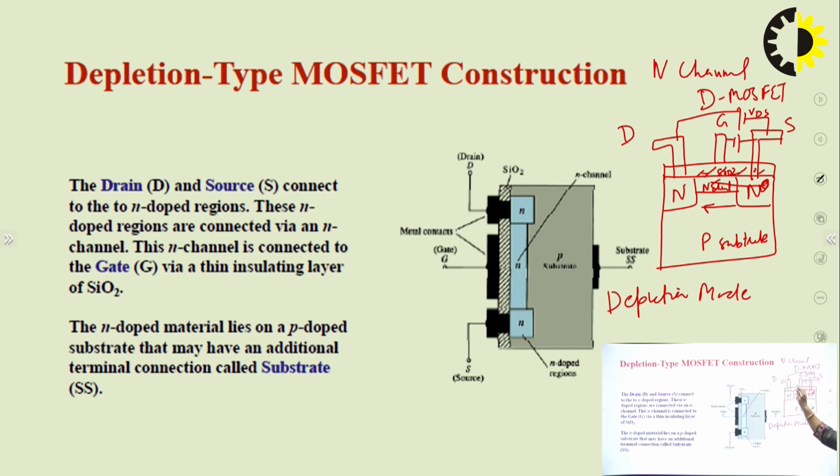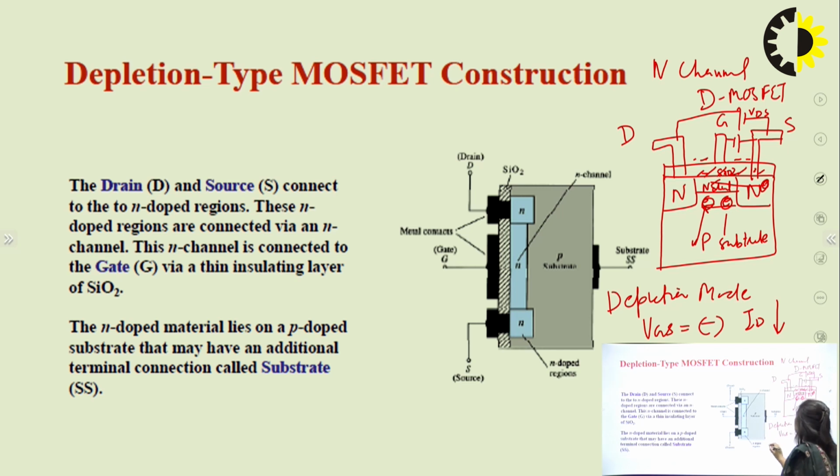This negative charge will repel the electrons that are available in this N channel, and these electrons will migrate towards the bottom side. So the number of electrons will reduce in the N channel, and due to the reduction of electrons in the N channel, the current in the channel will reduce. So in depletion mode, VGS is negative, and ID current will reduce.